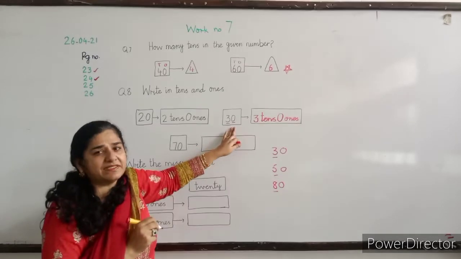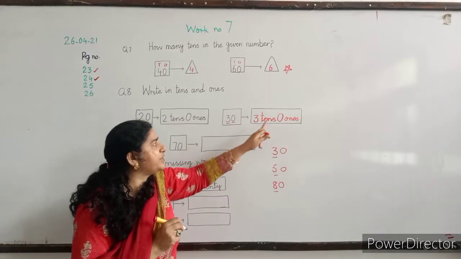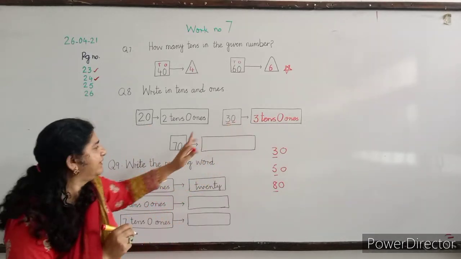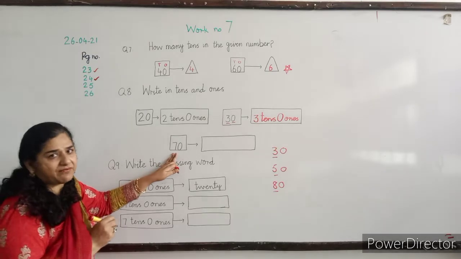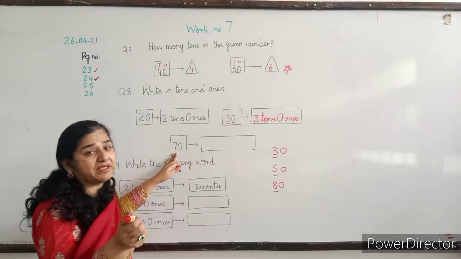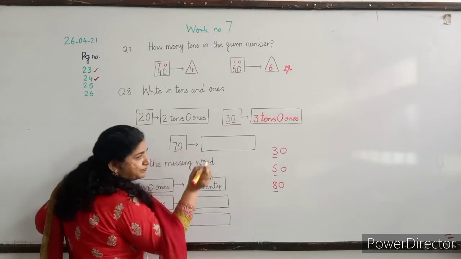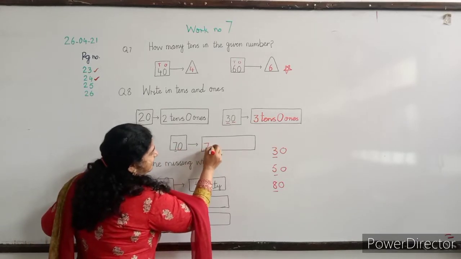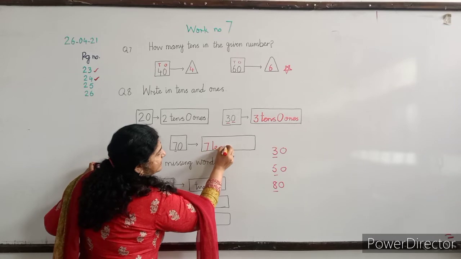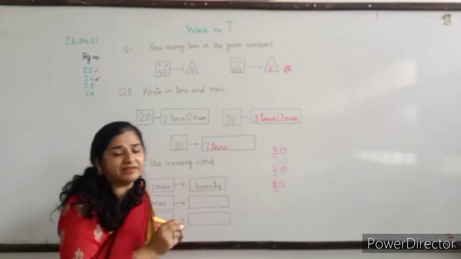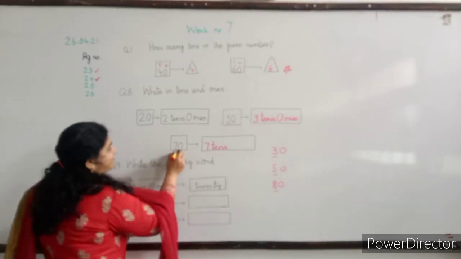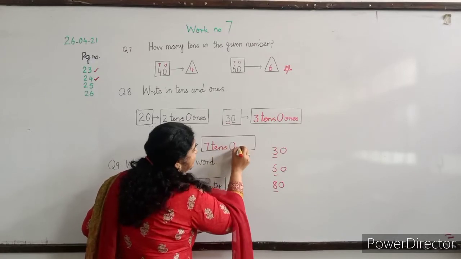And 30 is 3 tens and 0 ones. Now like this, it is 70. Now you will tell me. Yes, children, say it, come on. 7 tens and 0 ones.